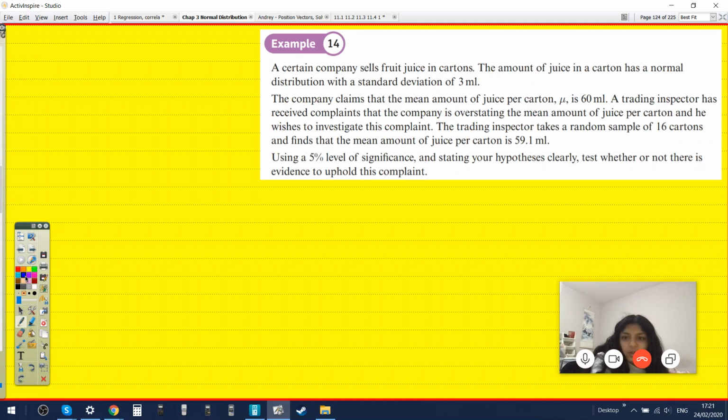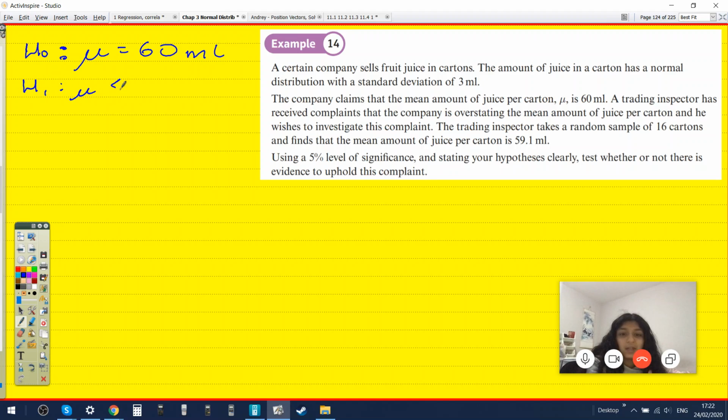So 6. So H0 is mu is equal to 60. And then H1 is mu is less than 60.